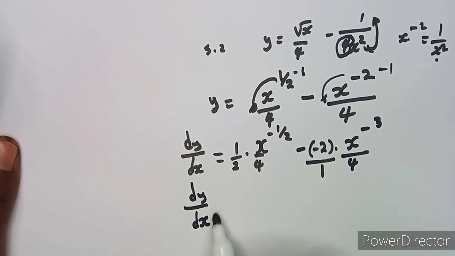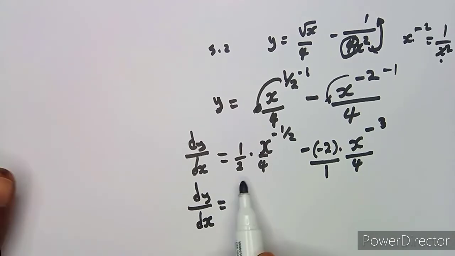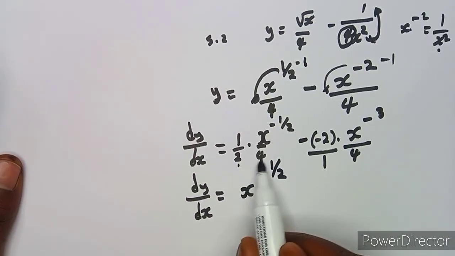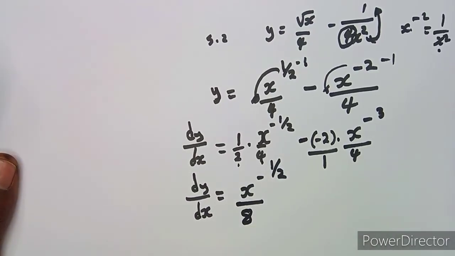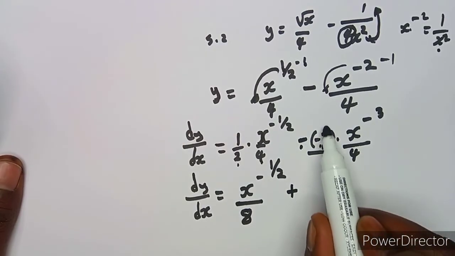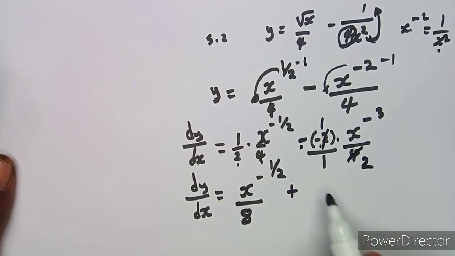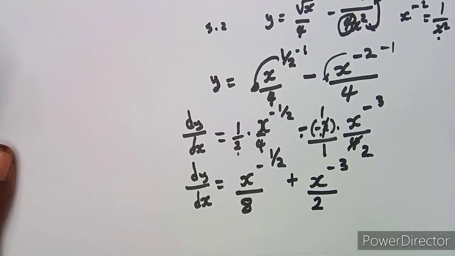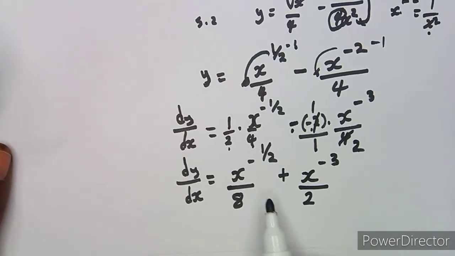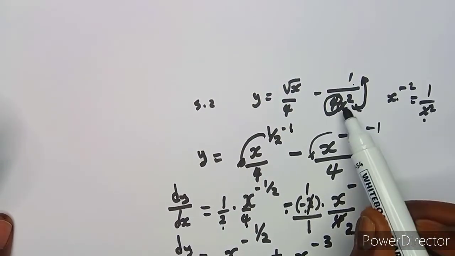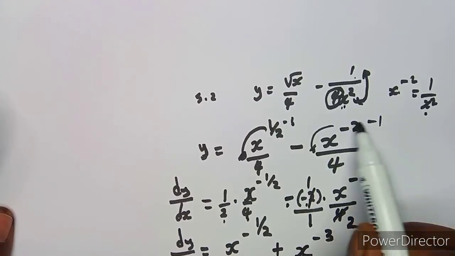Here you just now try to write it in the simplest form, so you can multiply 1 times x, which is x to the exponent of minus half, 2 times 4, which is 8, minus times minus, that's a plus. Remember, 2 and 4 can cancel, which is over 2. So you can have x to the exponent of minus 3 over 1 times 2, which is 2. So you can simplify further like that. And we know that we can now rewrite, remember what we had here when it was 1 over 4x squared, we wrote it as x to the exponent of minus 2 on top.